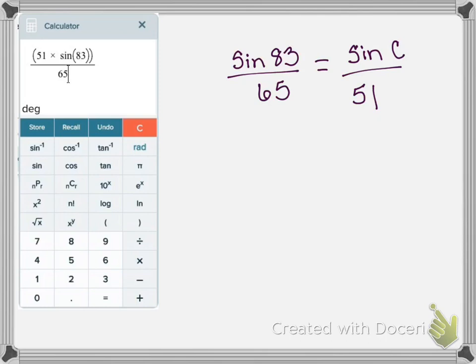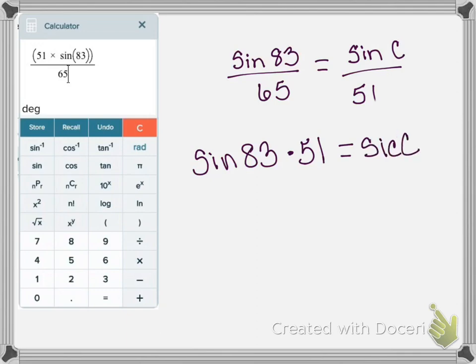So now I am trying to find the measure of angle C, and I have put the measure of side C in my proportion there. So what happens then is I cross multiply, and I get sine of 83 times 51, and that is equal to sine of C. Sorry about that, I misspelled sine.